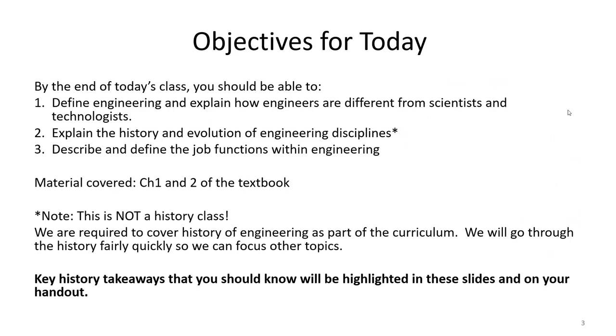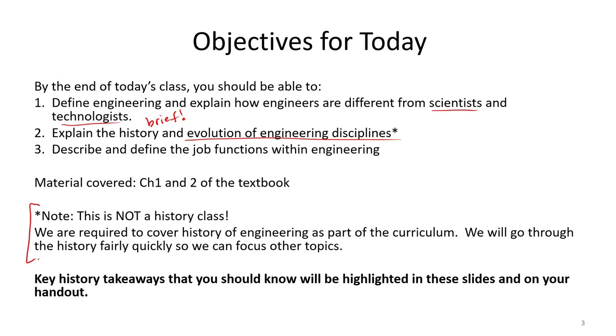Okay, so goals for today. We're going to define engineering and also explain how engineers are different from scientists and technologists. We're going to look at a brief history of engineering disciplines. And as noted here, this is not a history class.